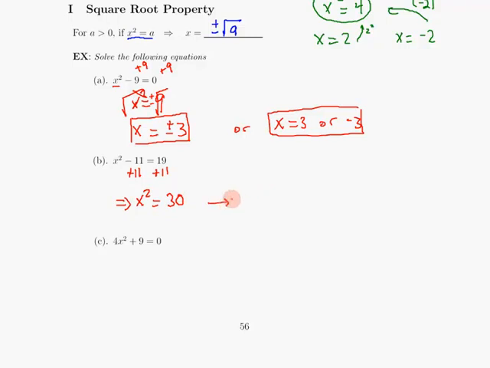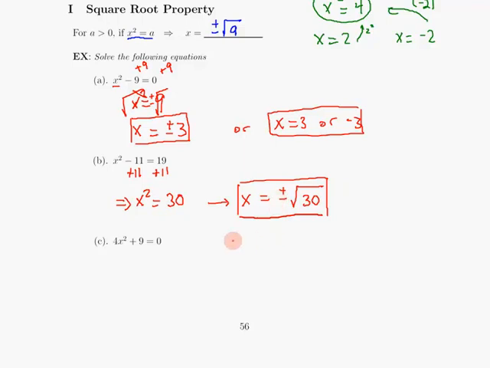Taking the square root of both sides, using the square root property, I end up with x is equal to plus or minus the square root of 30. Now, I cannot simplify the radical, the square root of 30, any further, so that is the final form of my answer. Please take note that that is still two real number values, the square root of 30 and the negative square root of 30.